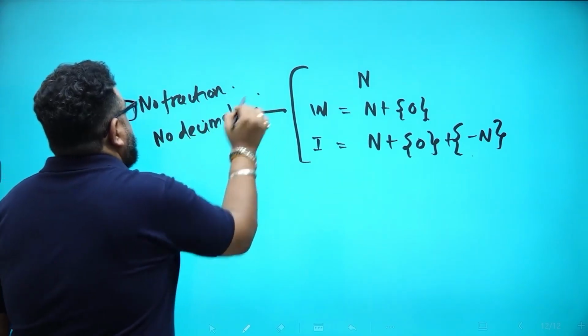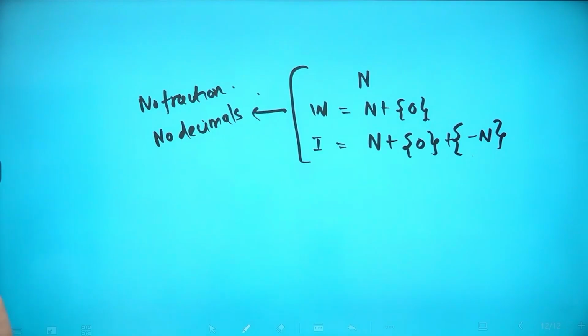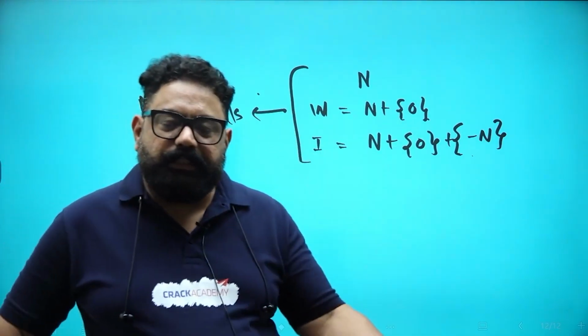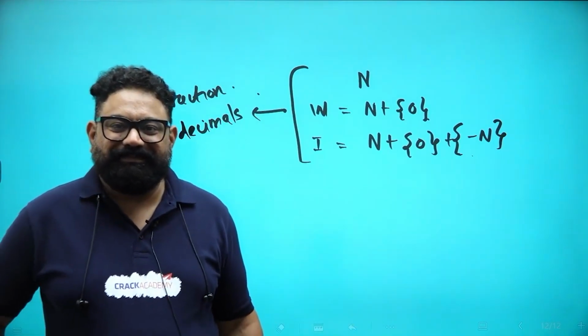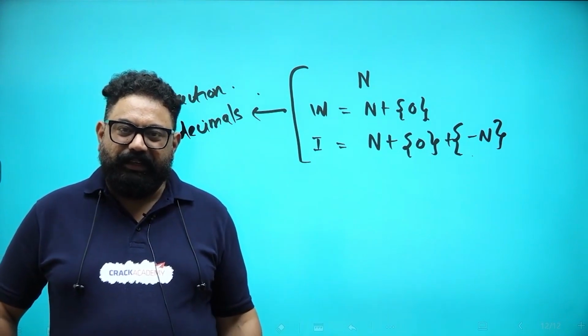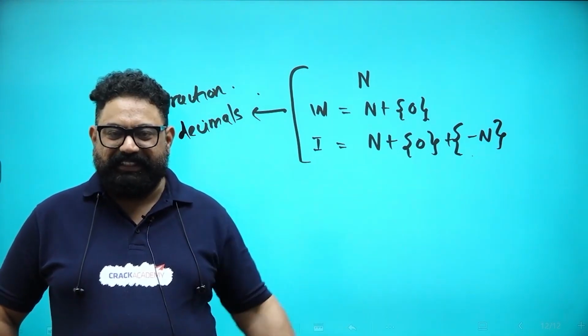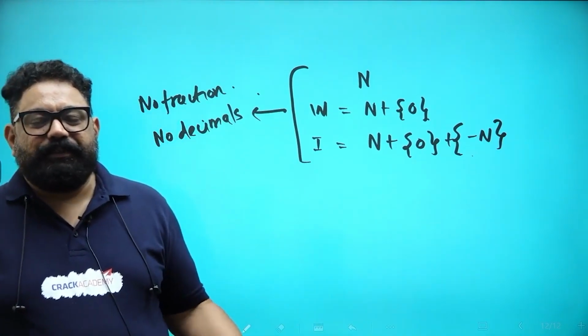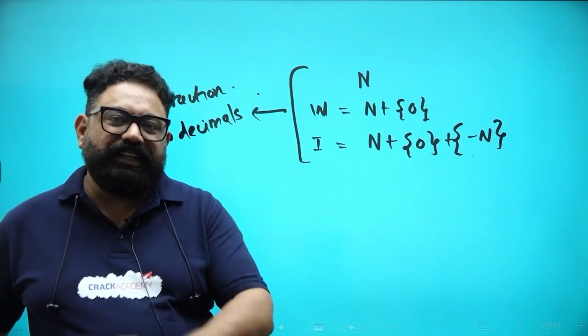It's really important. Naturals do not have any fractions. 3 by 2 is not a natural number, right? Whole numbers do not have any fractions, and integers do not have any fractions, which means minus 5 upon 3 is not an integer.